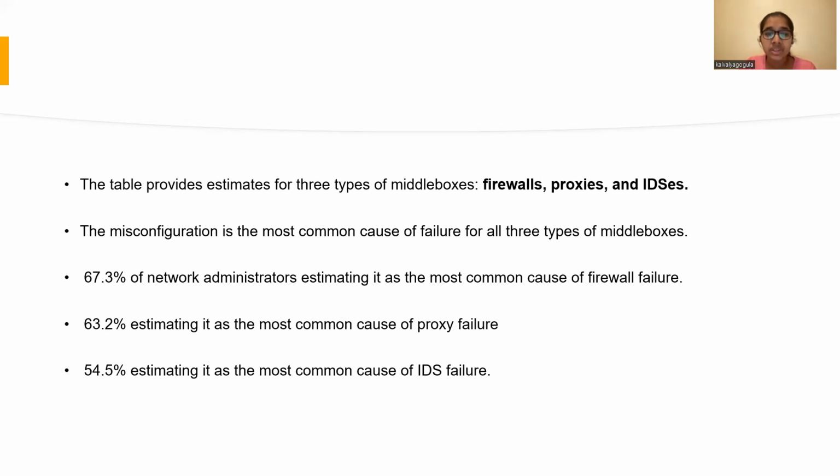For all three types of middle boxes, the most common cause of failure is misconfiguration. Here you can see 67.3 percent of network administrators estimate it as the most common cause of firewall failure. For proxy failure, they estimate 63.2 percent, and for IDS failure, 54.5 percent.